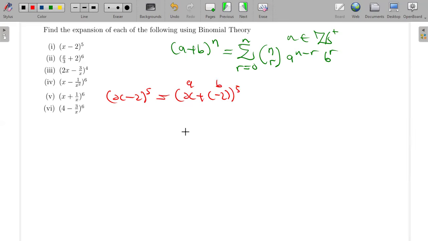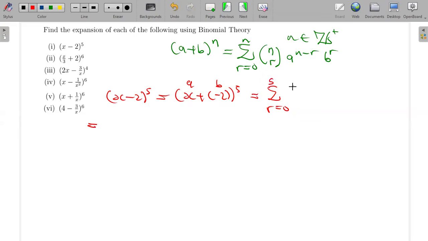So how is this expansion going to be? So you start from r equal to 0. So in our case, we are summing from r 0 until n, that is our n, oh, it's 5 and not 6. So our n, that is 5.